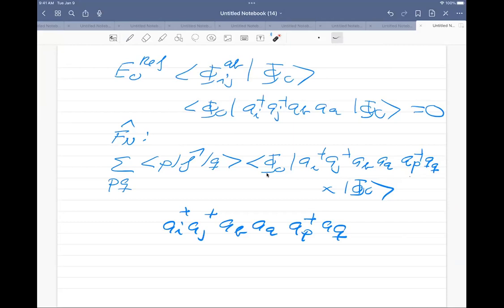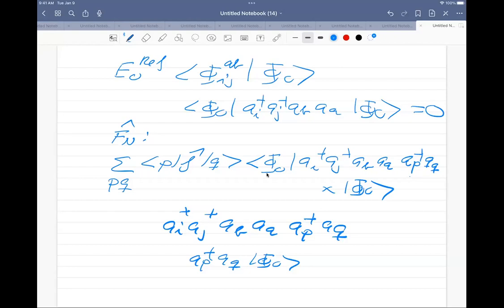So suppose now you have a_P† a_Q acting on phi 0. If Q is a particle state, this is automatically 0. If Q is a hole state, then I can actually remove a particle, but then P has to be a particle state. Because then you could actually reproduce phi 0.